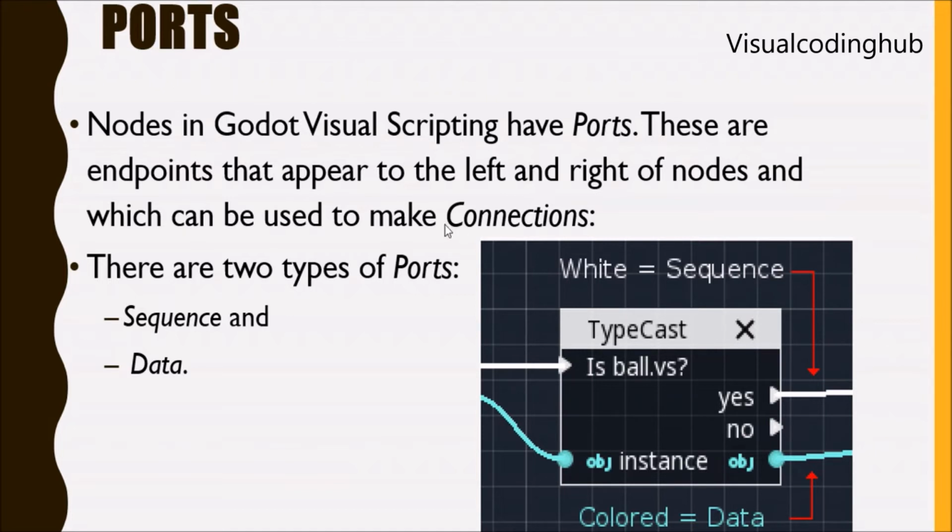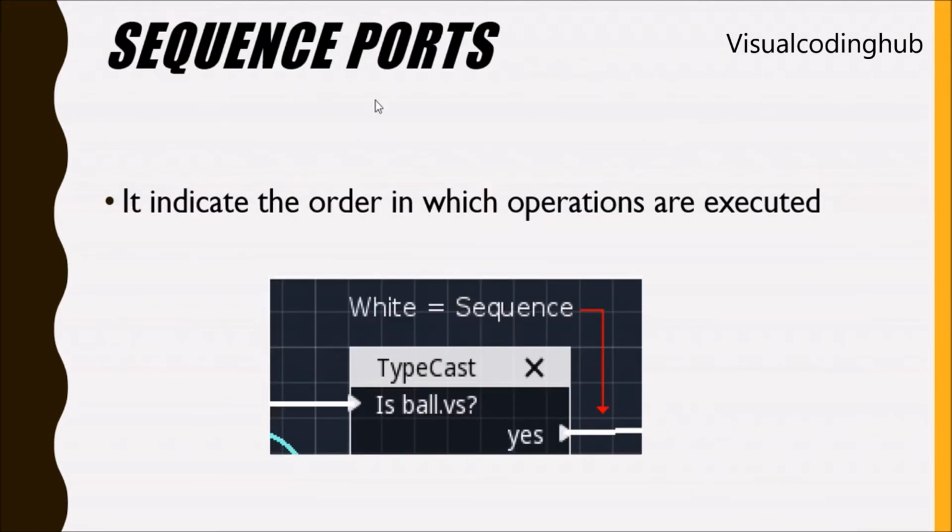There are two basic types of ports: the sequence ports and the data ports. The ones that look like arrows are the sequence ports that show you the direction, and then we have the data ports. The sequence ports indicate the order of operation.